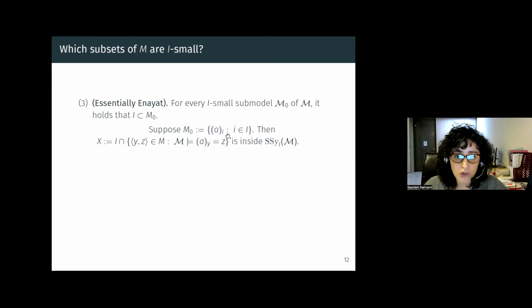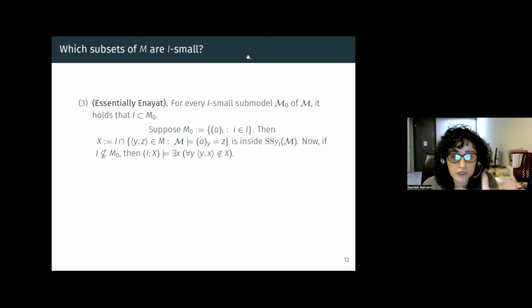Suppose M0 is equal to this sequence, and let X be this subset of Y. Here, this definition is the pairs of elements of M0 with their indexes. This is inside the I standard system of M.